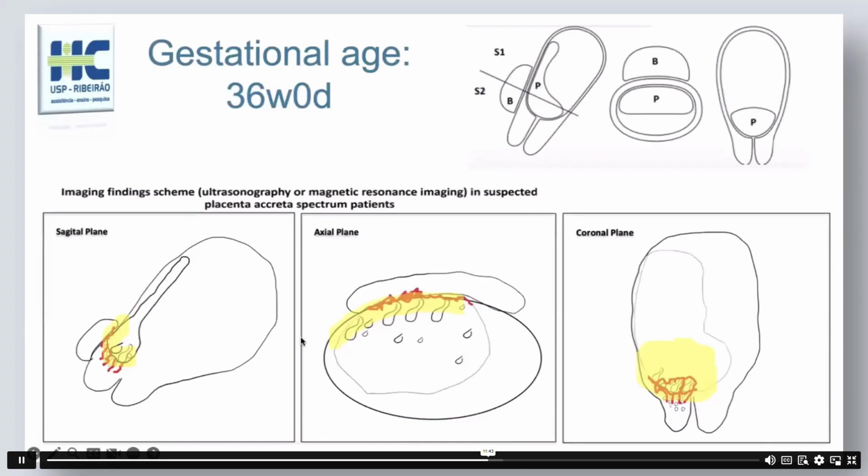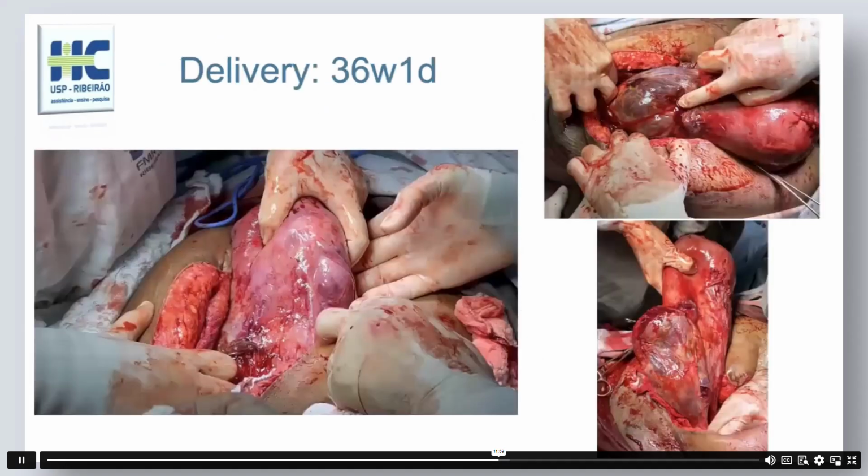And it's really important that we see this, because the multidisciplinary team might need to know where is this defect, what they are going to need to do in terms of skin incision, use of embolization, many things that might need to be planned beforehand.